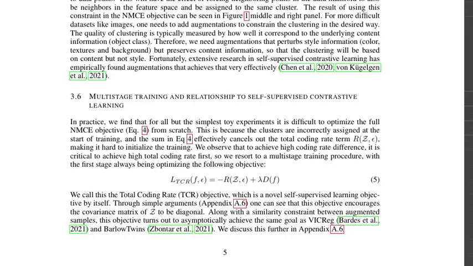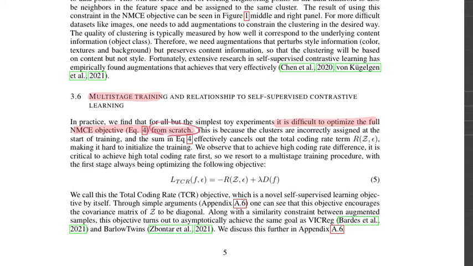Now they mentioned that trying to optimize this from scratch is going to be kind of impractical, which requires the existence of a multi-stage training. Again, the motivation is that it is difficult to optimize the full NMC objective from scratch, and this from scratch is the key part here.